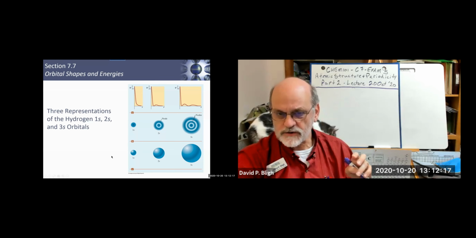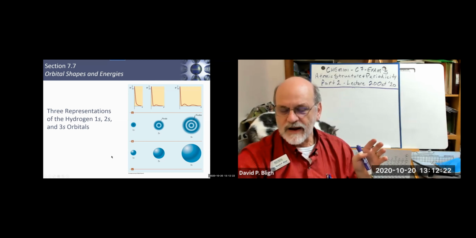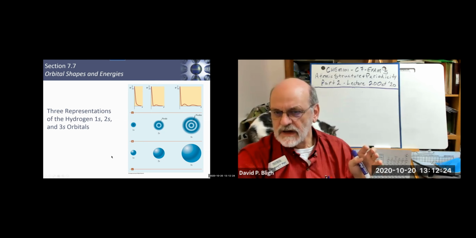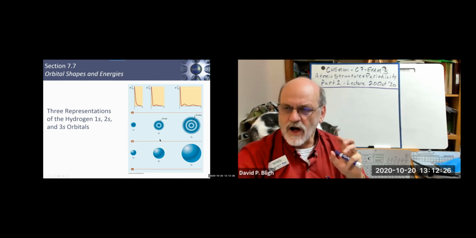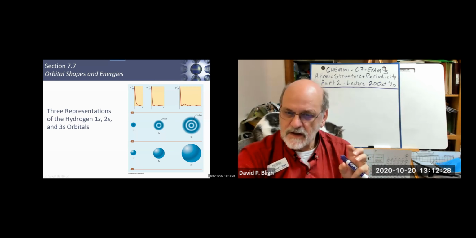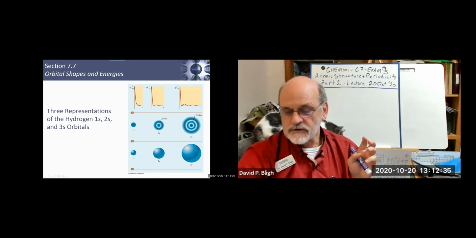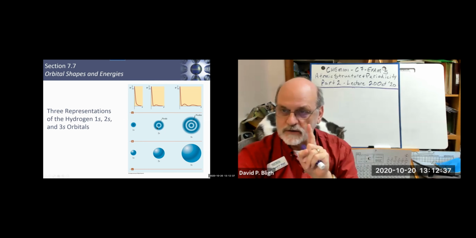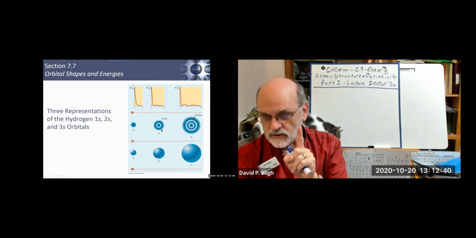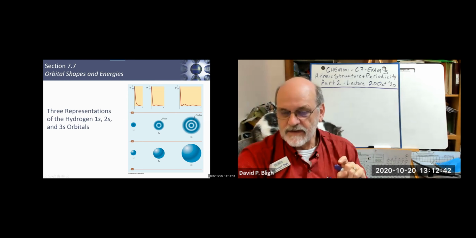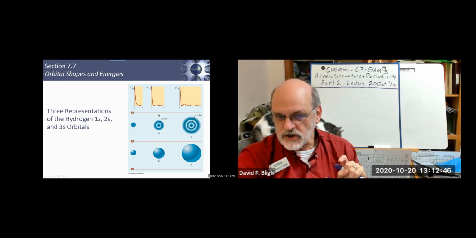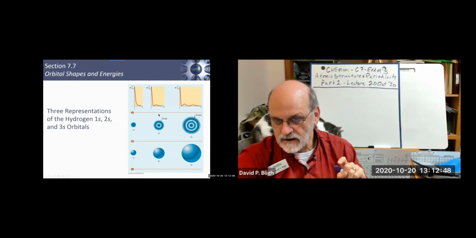The 1s, of course, only has the 1s orbital level, whereas the 2s has a spherical shape, but it also has a region in there where there is no electron density predicted. Call it a node. So for the 2s orbital, we have 1 node, 2 minus 1, 1 node. This plot shows you that node right here.